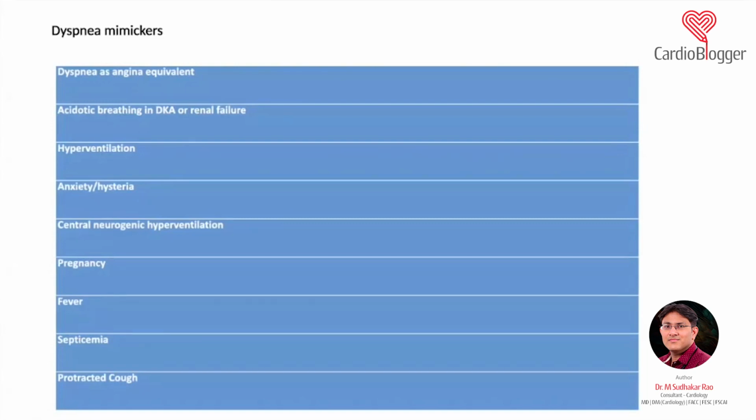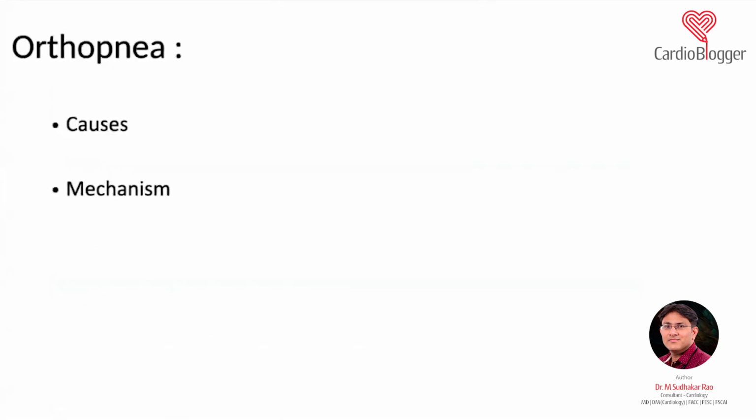In pregnancy, many women have volume overload and increased stroke volume, and they may perceive dyspnea, which may not be a true dyspnea. Fever can sometimes cause dyspnea. Sepsis can cause acidotic breathing or itself cause dyspnea. And with a protracted cough, the patient may have a feeling of dyspnea. So these are the various dyspnea mimickers which you should know.